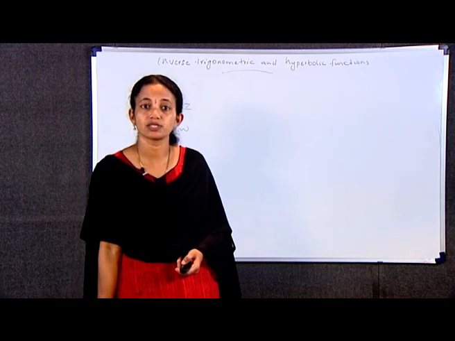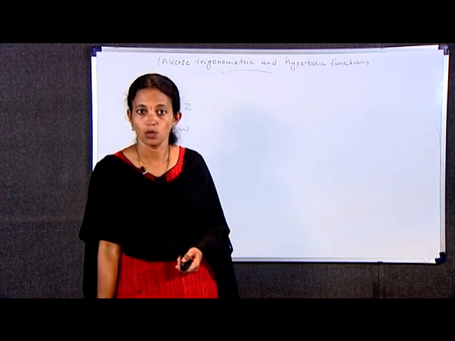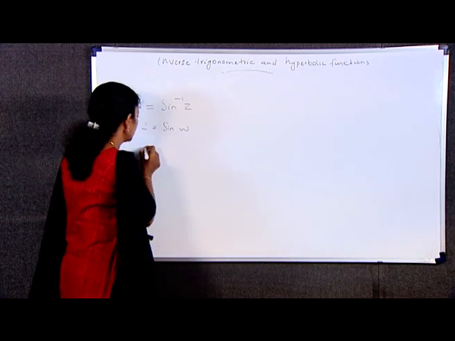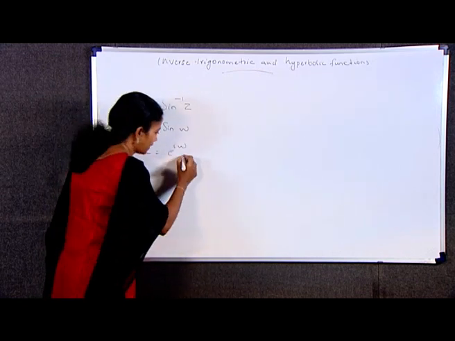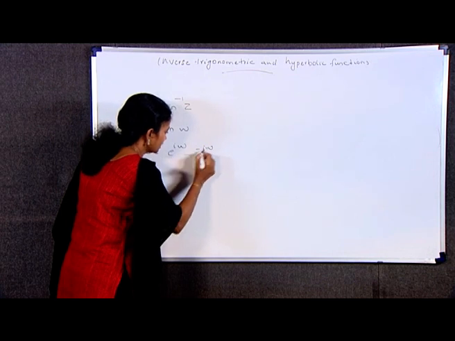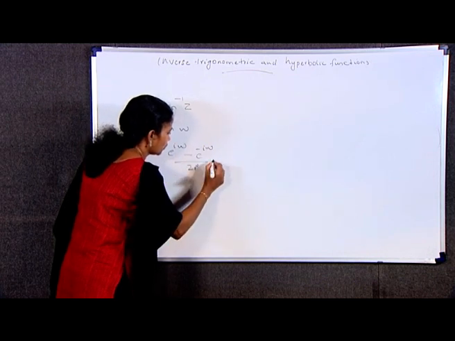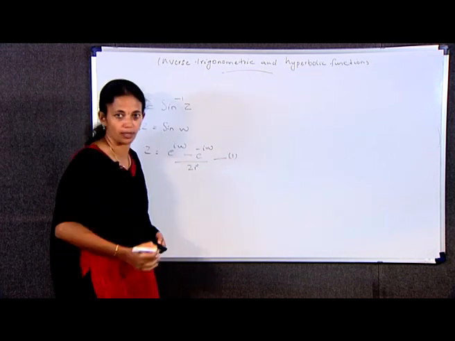That is, w is equal to sin inverse z when z is equal to (e raised to iw minus e raised to minus iw) by 2i. Equation number 1.